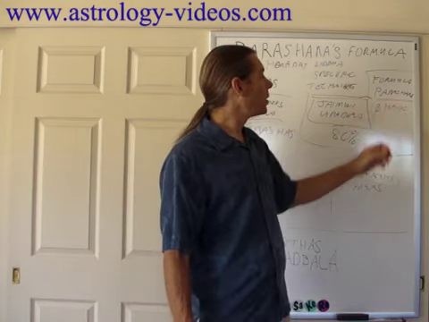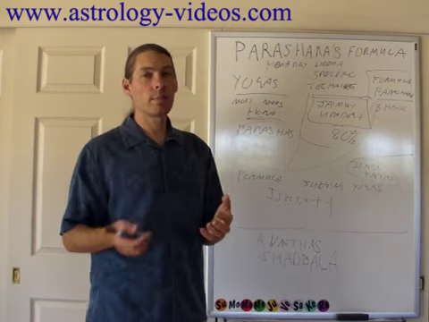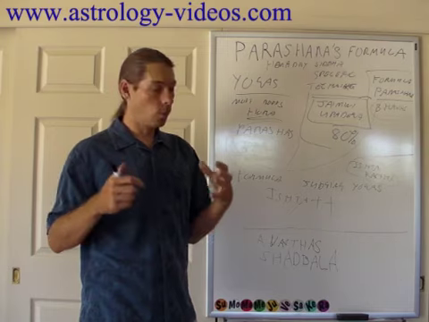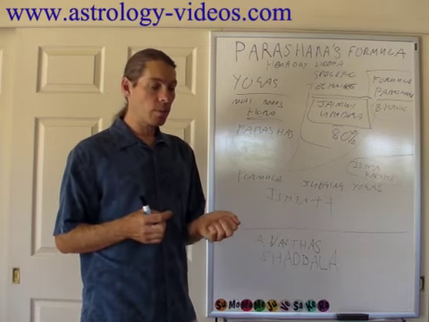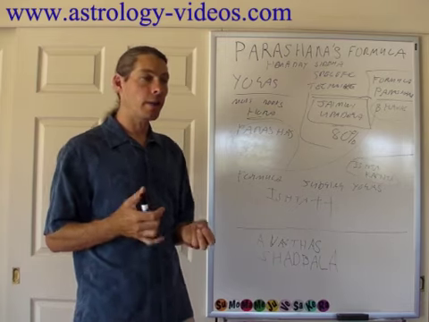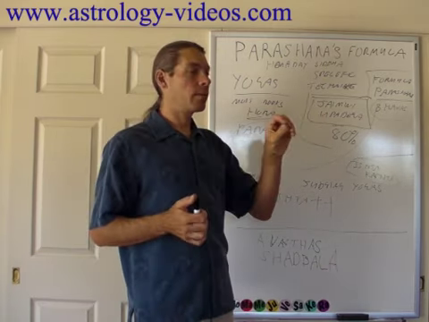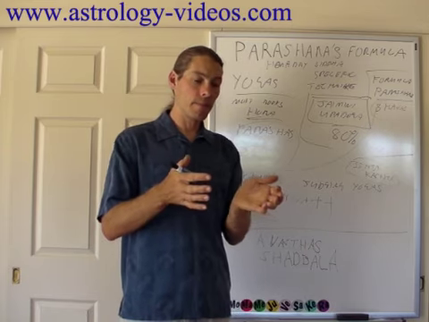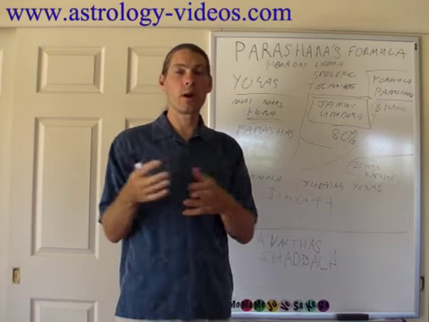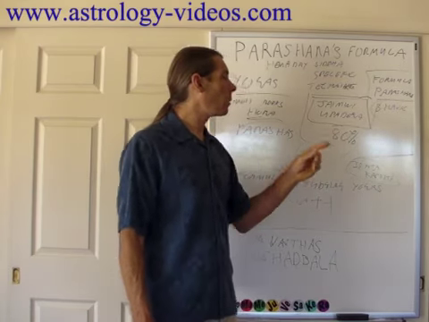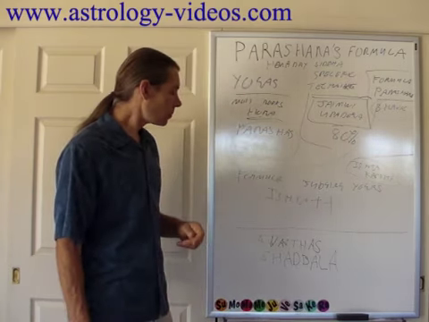Parashara's formula for judging the bhavas and making predictions is a universal technique that once you learn that one technique, you can apply it to every area of life. And that's what's so great about it. Jaimini's, you have to learn one technique for one thing. That's not as quick to learn how to do everything as it is to learn one thing through Parashara and then apply that to everything in life.